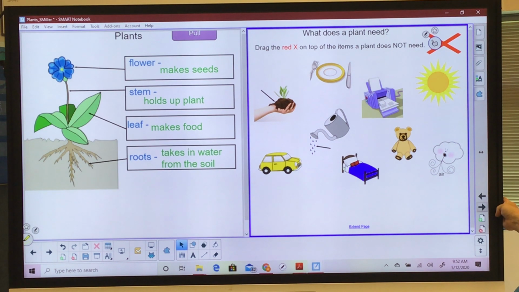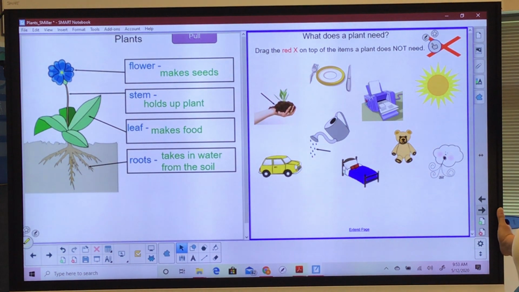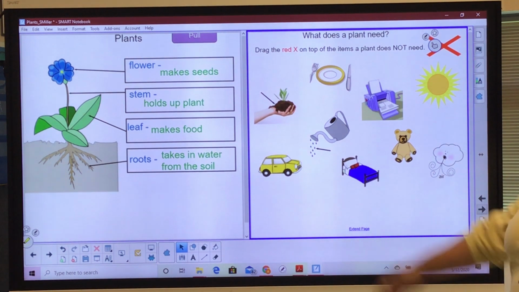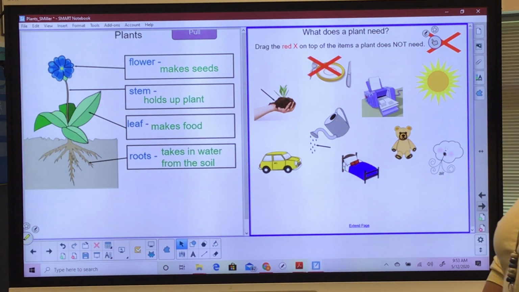All right, now, it says drag the red X on top of the item that a plant does not need, okay? So the easiest way to do this is to look at, first of all, what the plant does not need. The obvious things that plants do not need. Do plants need dishes? No, they don't. So we're going to put an X there.